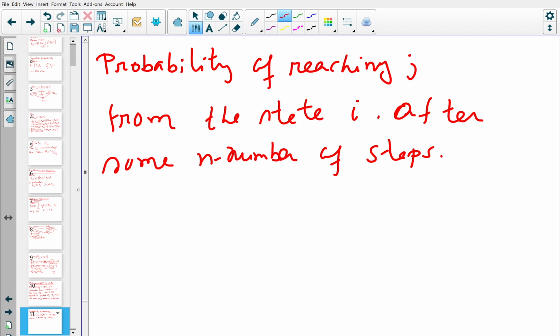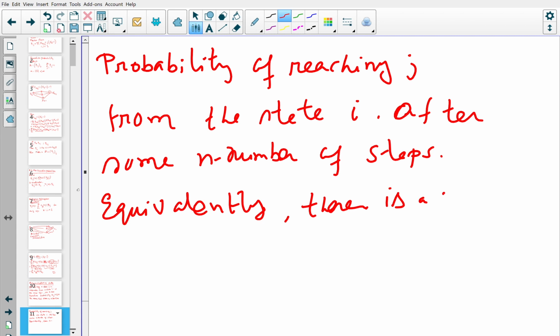So mathematically, what does that mean? Equivalently, you can define that there is a sequence of states like this.